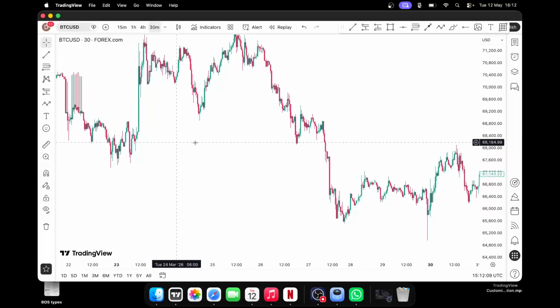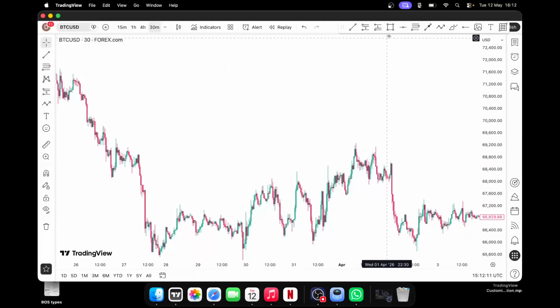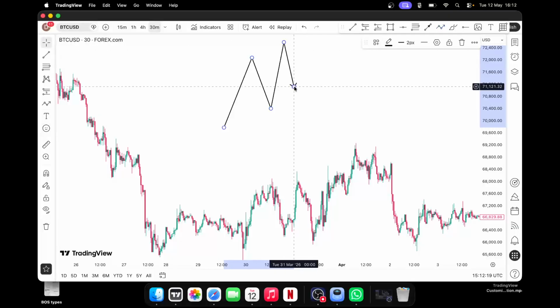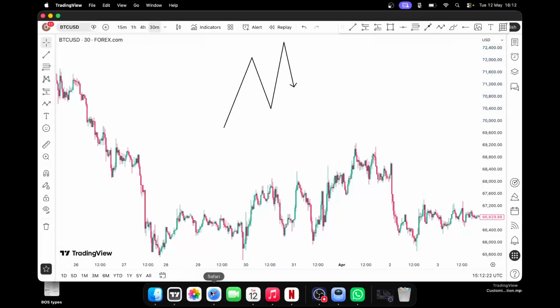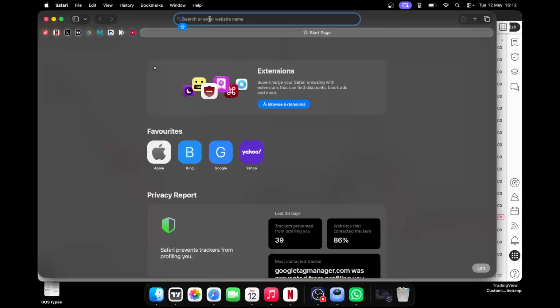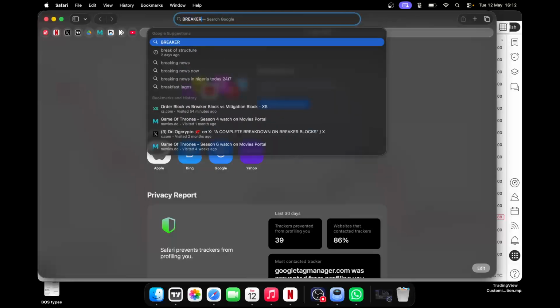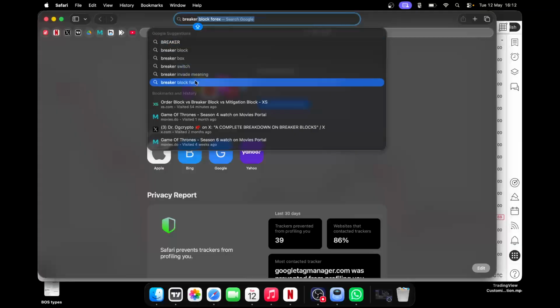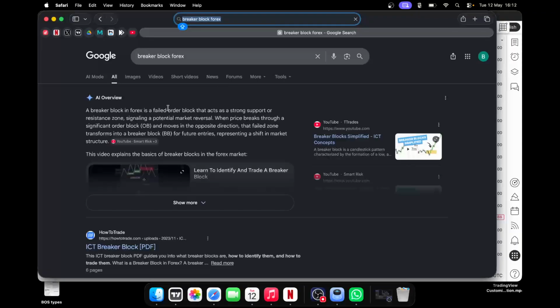You understand? So breaker block is not always all the time. For you to even use breaker block, it means that maybe you've already taken a stop loss on your trade before you can now say okay, let me use breaker block. Let me see if I can see an example. Let's see if we can see an example of breaker block.